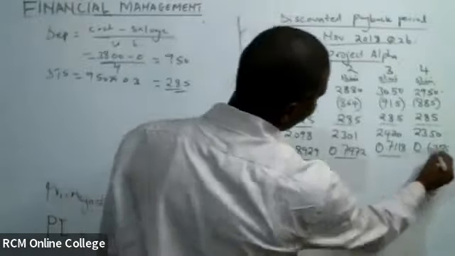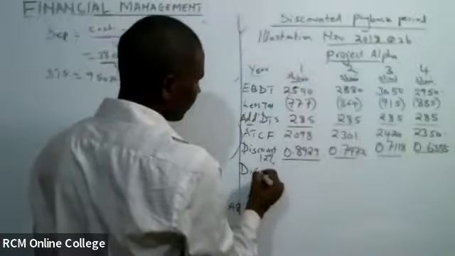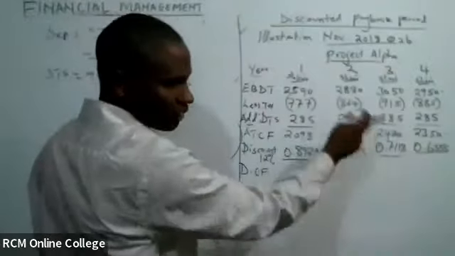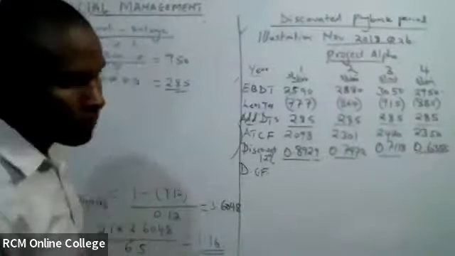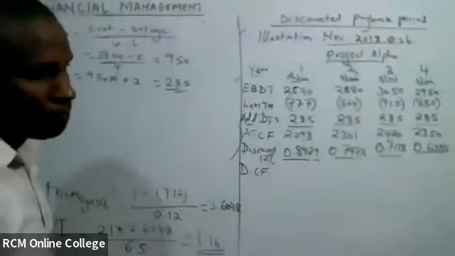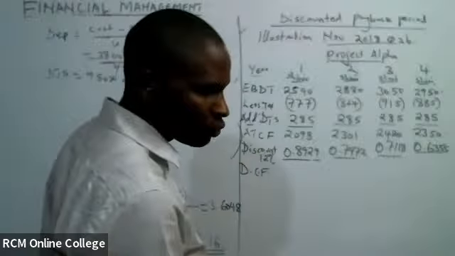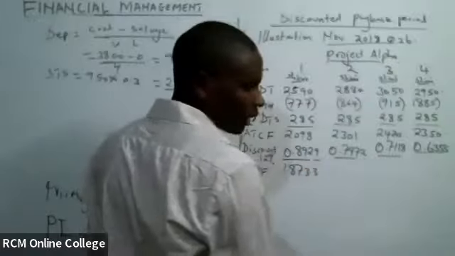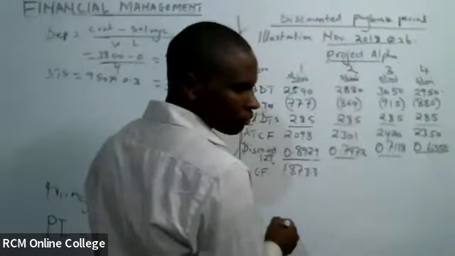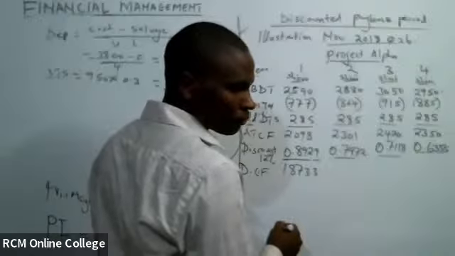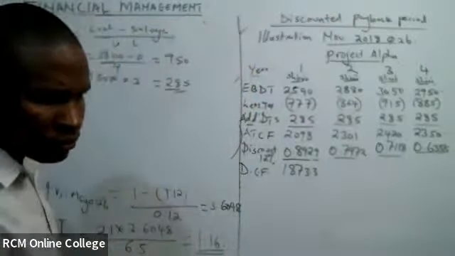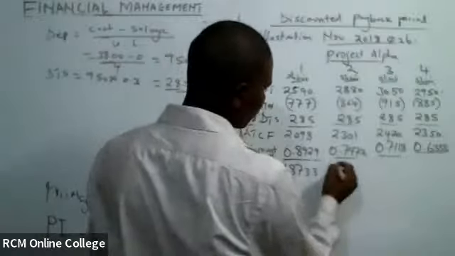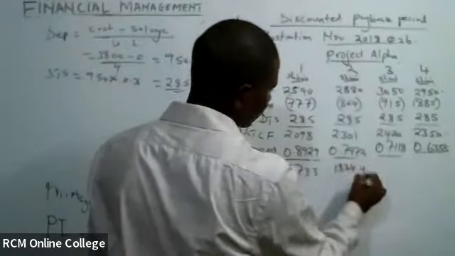So now we can get the discounted cash flow. That is what we want. Discounted cash flow for the first year, just multiply like that. Ten to one decimal place: 1873.3. Okay, one decimal point. The next one, 1834.4.